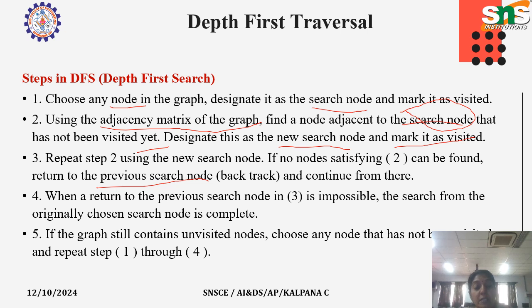When a return to the previous search node is impossible, the search from the originally chosen search node is complete. If the graph still contains unvisited nodes, choose any node that has not been visited yet and repeat steps 1 to 4.